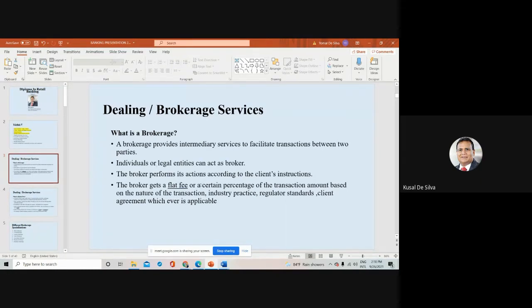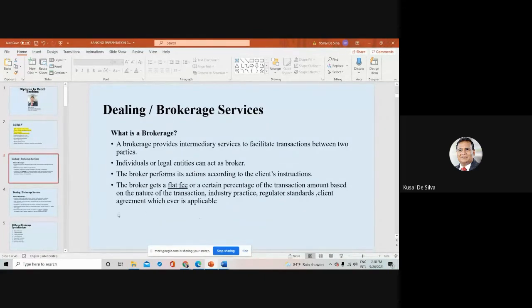There will be country regulations and industry practices. Some say it's 3% for some land transactions. So you can have your agreement, but that agreement cannot be detrimental to any regulator or country law regarding brokerage fees.